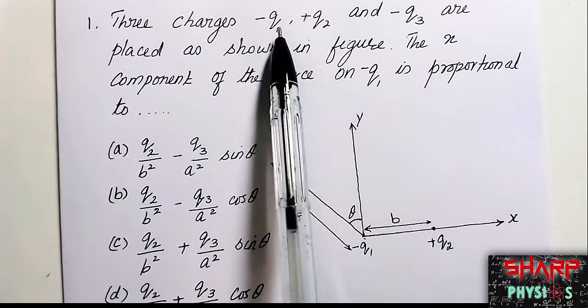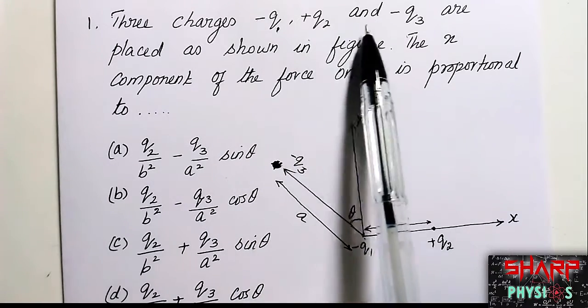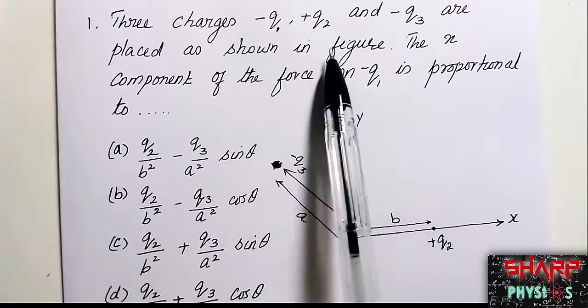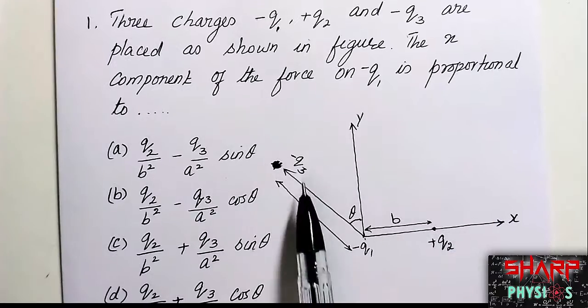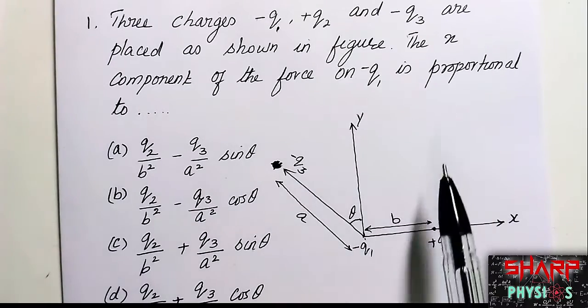Three charges minus Q1, plus Q2 and minus Q3 are placed as shown in the figure.